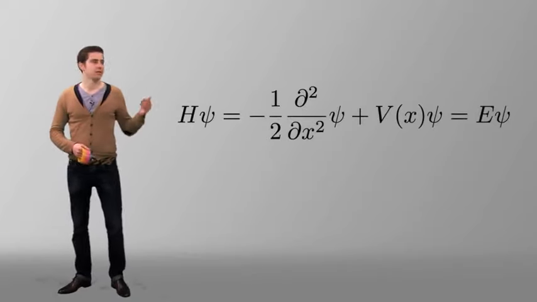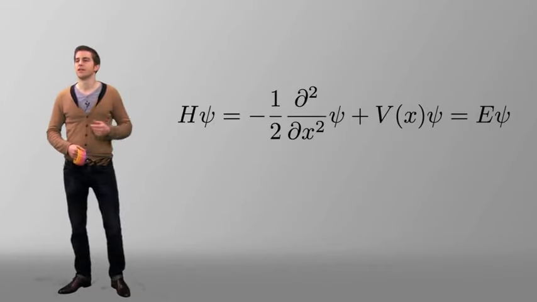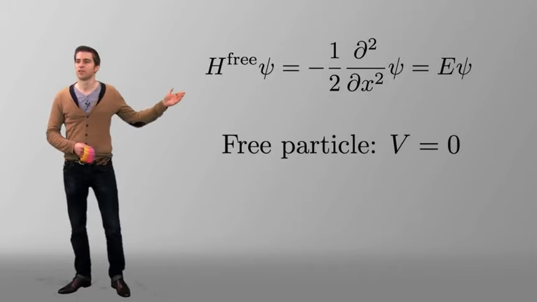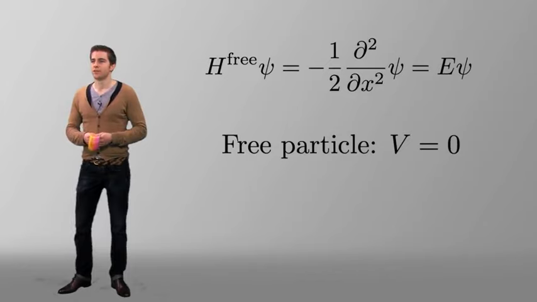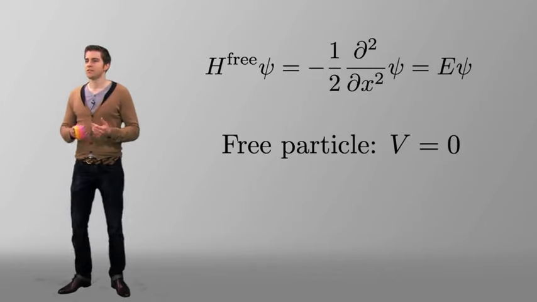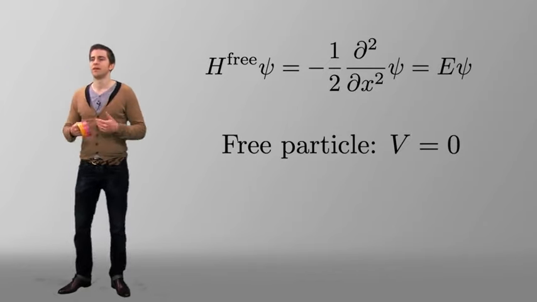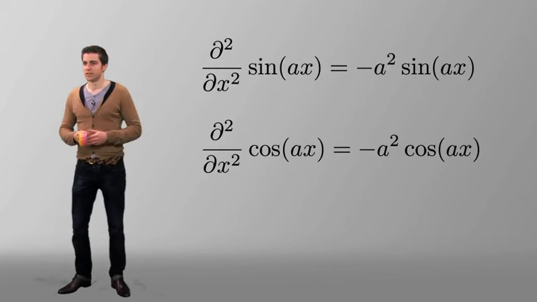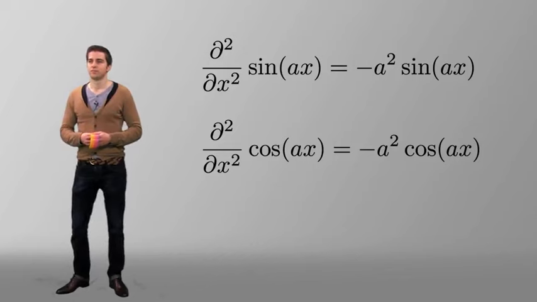As in this week's lecture, we consider the Schrödinger equation. And in the case of a free particle, it reduces to the expression shown here. This is simply a wave equation, and you can easily convince yourself that it is satisfied by any sine or cosine wave, as sine and cosine simply reproduce themselves in the second derivative up to a sign and a scaling factor.